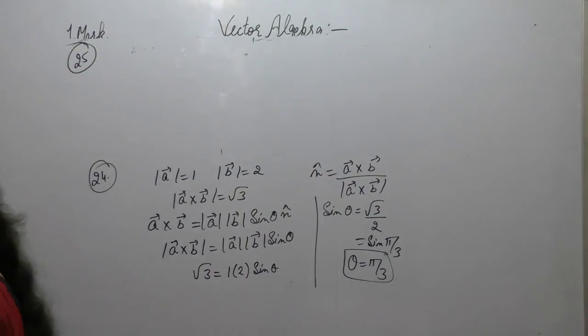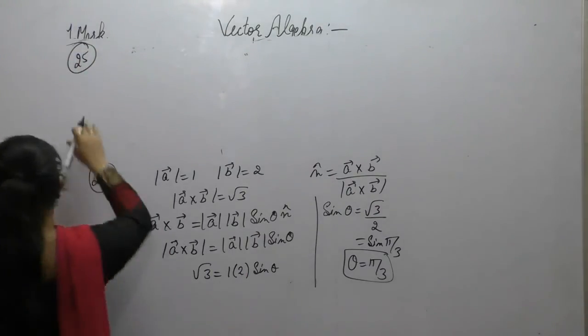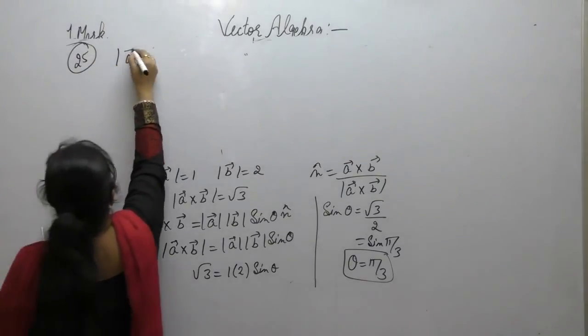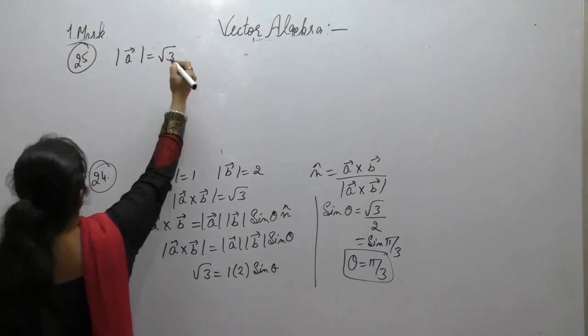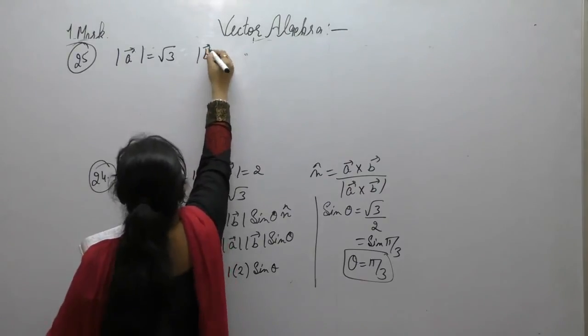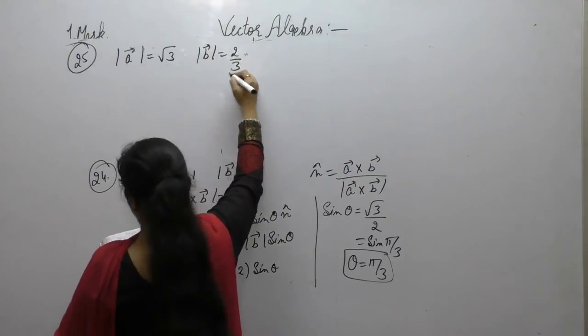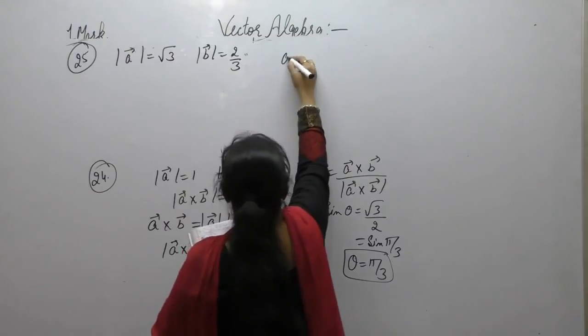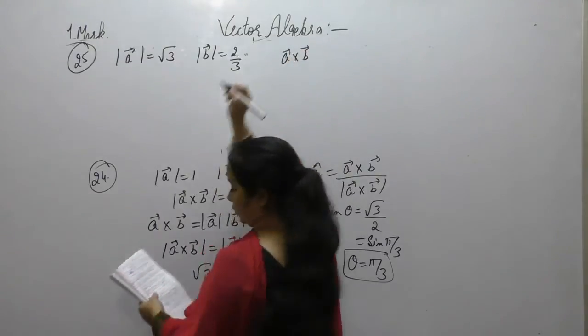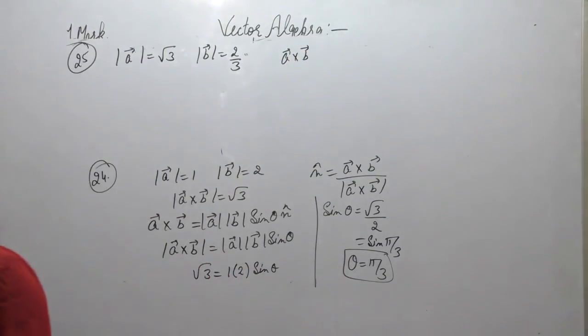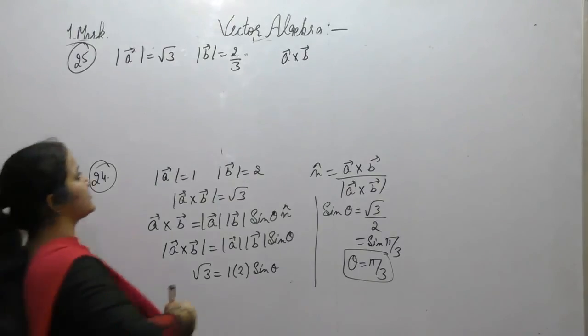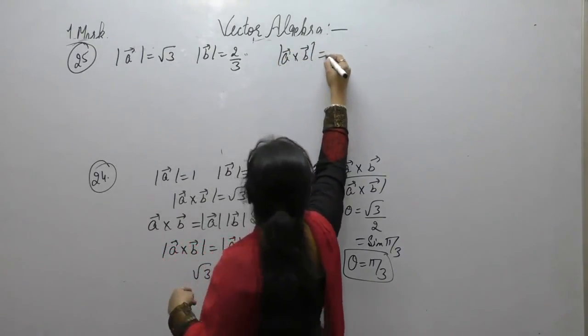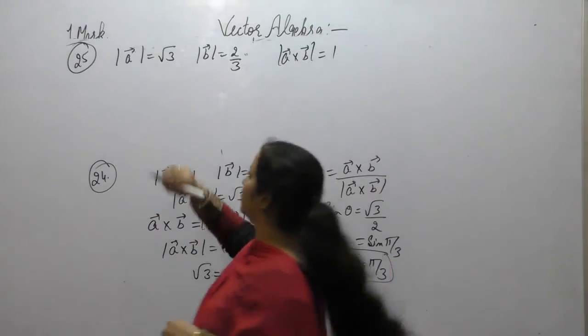Now next one, vectors A vector and B vector are such that modulus of vector A is square root of 3, modulus of vector B is 2 by 3, and A cross B is a unit vector. Find the angle between A and B. This is a unit vector, so the magnitude of this is unity.